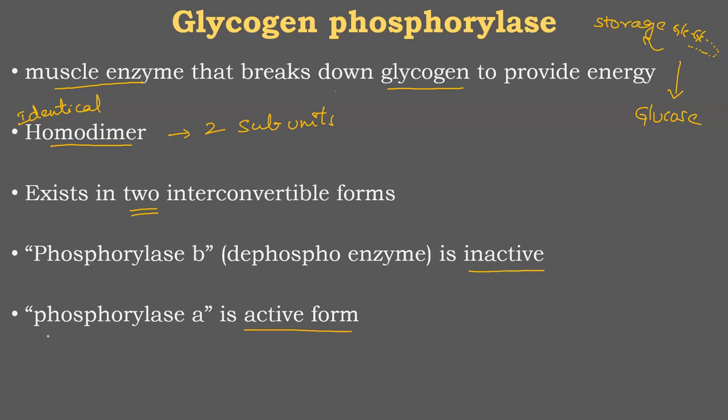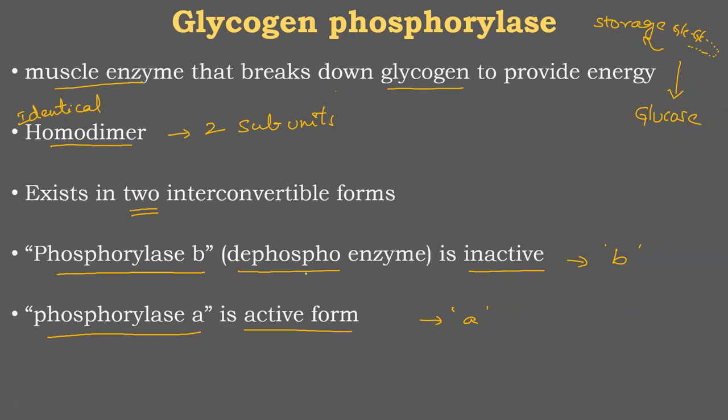The active form is known as phosphorylase A form, that means glycogen phosphorylase A form, and the inactive form is glycogen phosphorylase B form. What is the inactive form? It is the glycogen phosphorylase B form. What is the active form? Glycogen phosphorylase A form. Glycogen phosphorylase B is the dephosphoenzyme.